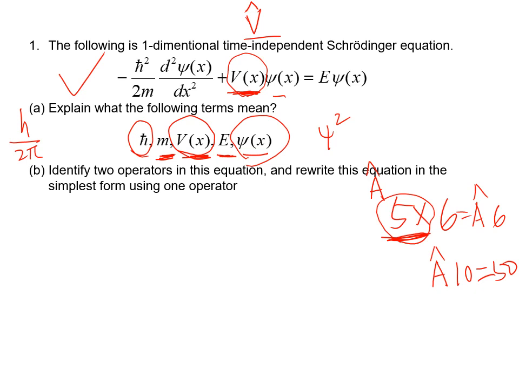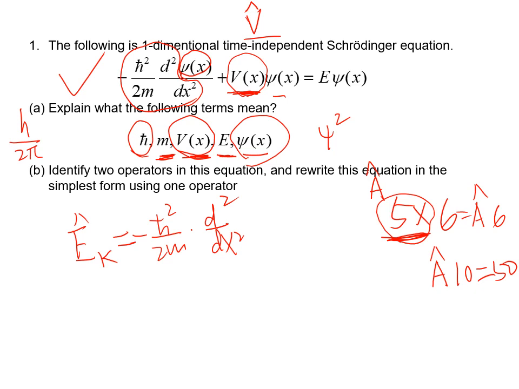And the first one here is the wave function. So everything in front of it is an operator. So negative h bar squared divided by 2m times the second derivative is an operator. In fact, in quantum mechanics, this is called the kinetic energy operator.